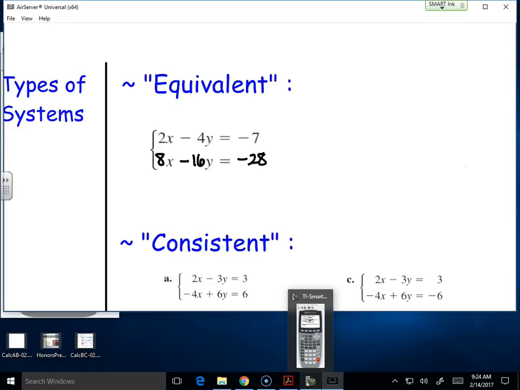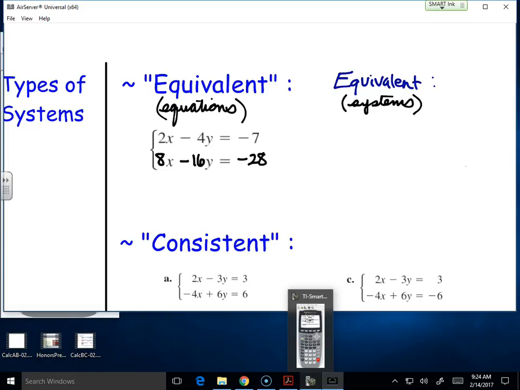So this would be an example of equivalent equations. But then we're going to separate that from what it means to be an equivalent system. There are equivalent equations and there are equivalent systems. Okay?